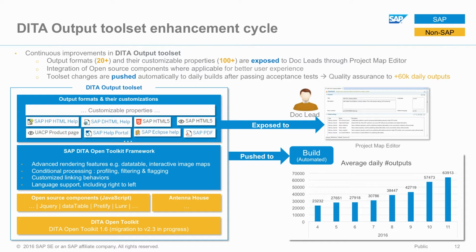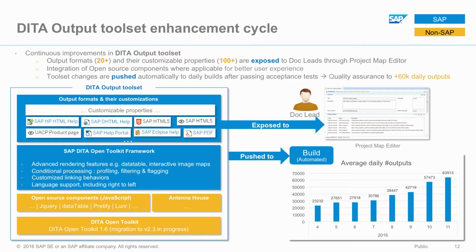Obviously, some linking behaviors, and our implementation of language support, including right to left and some requirements there. And on top of this framework, we have implemented a lot of trans types, with the branded SAP look, and with their own customization, so that the doc leads can customize the way they render and publish their components.